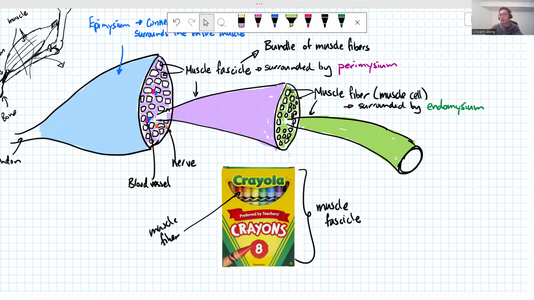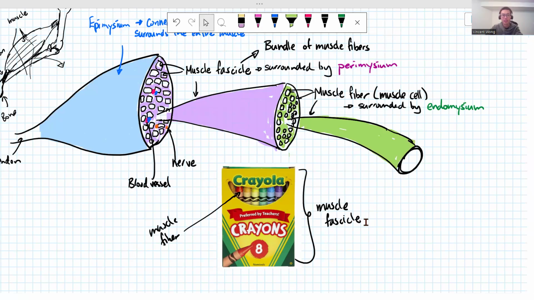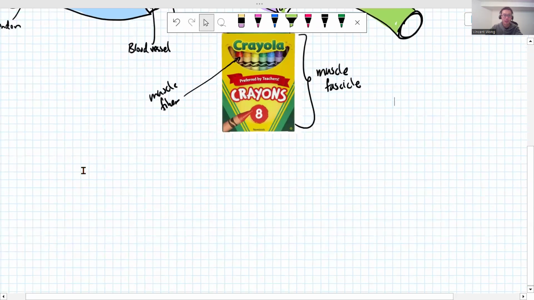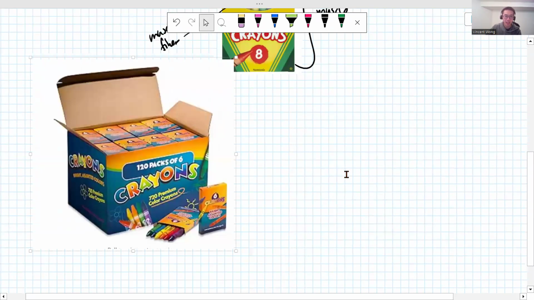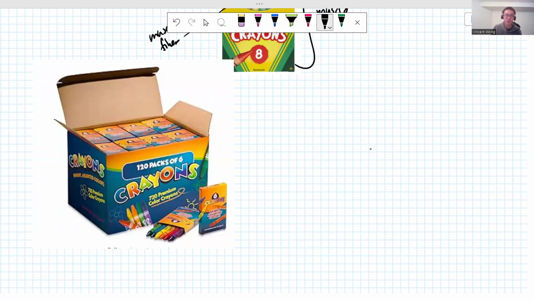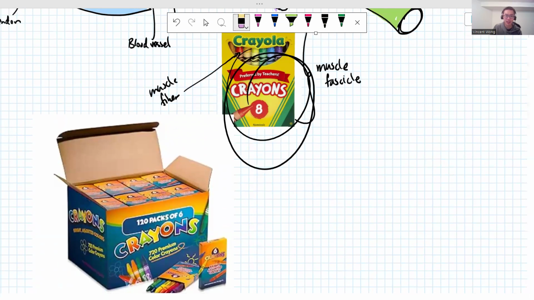Now, hold on a second. Let me just get another picture from Amazon here. I don't know if this is helping or not. Let's say you buy in bulk, right? Then you take a bunch of these fascicles and put them into a huge box, like the whole box here.